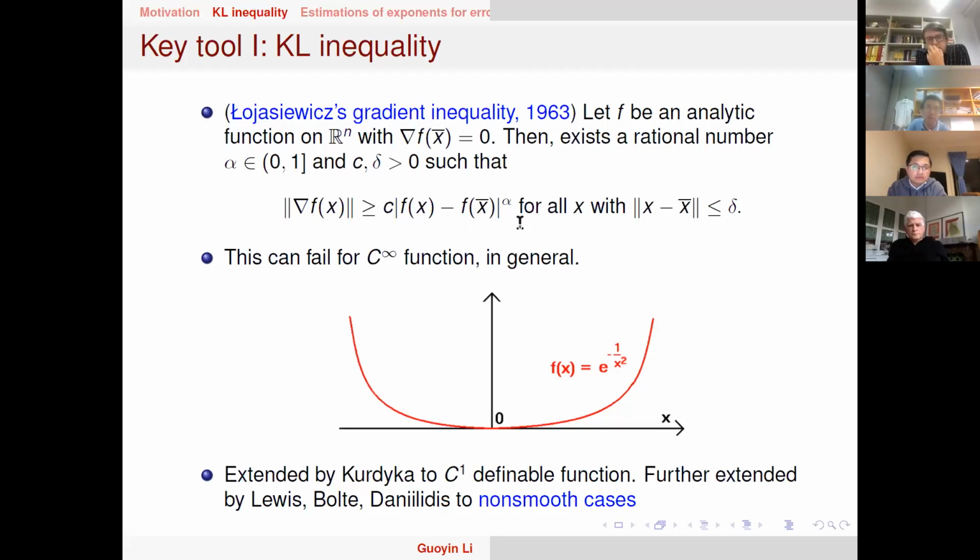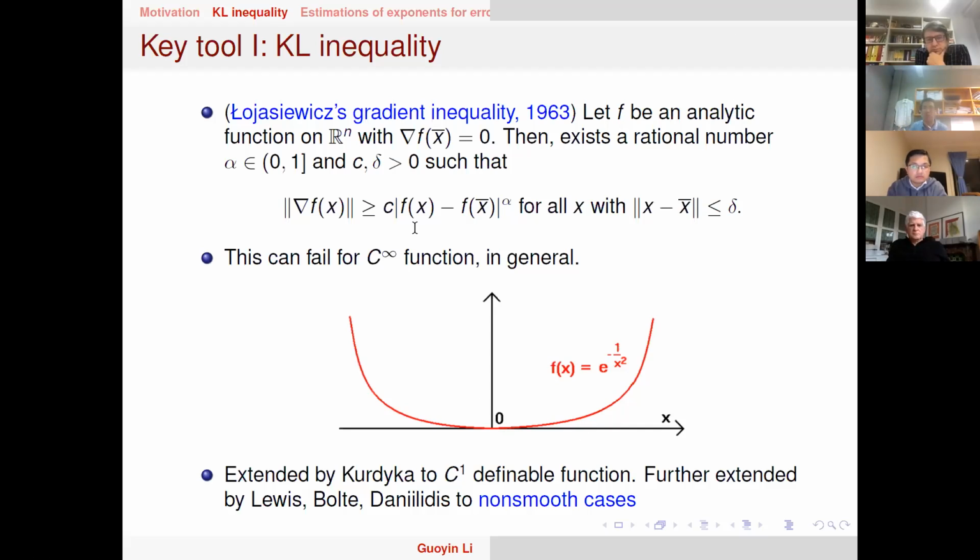Unfortunately, in general this is not true if you replace the analytic property by a C infinity function. Here's the typical counterexample, which I guess was derived by Whitney. You can check by taking the gradient evaluated at point 0 around this neighborhood, divided by the function value f of x. By using L'Hopital's rule, you will see that it's never bounded below by a suitable positive constant.